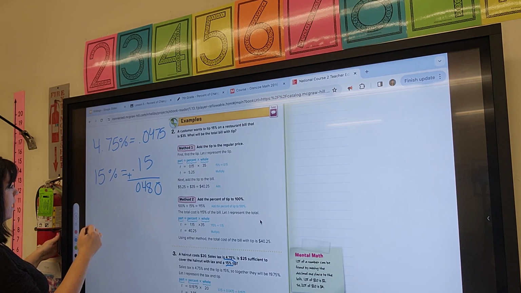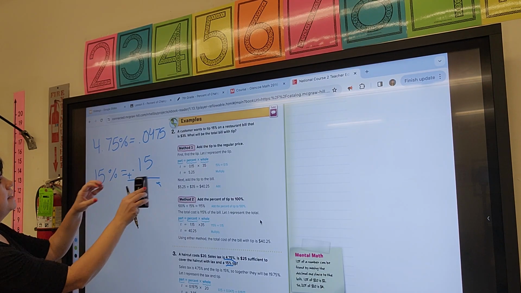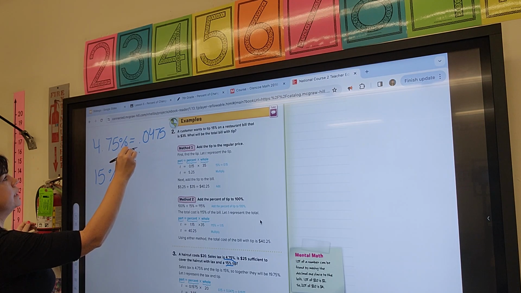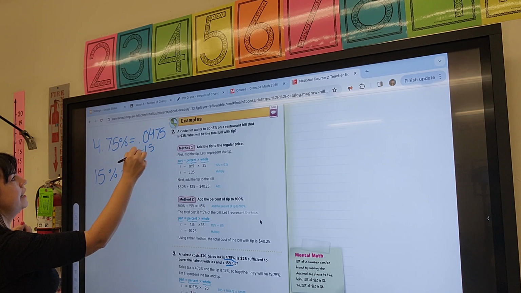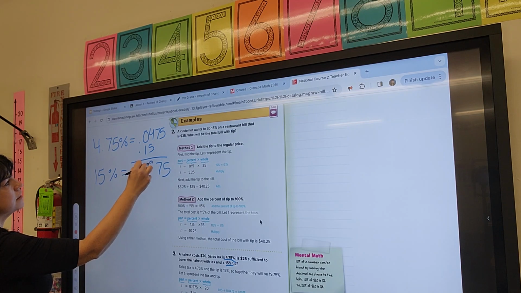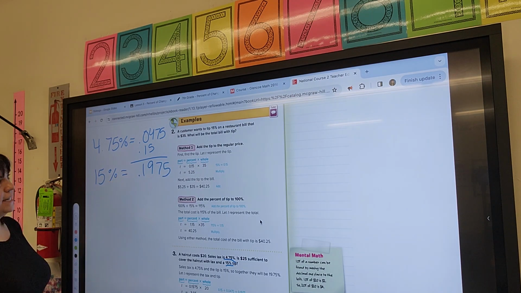No, I did that wrong. They're not lined up. 0.0475 plus 0.15. Okay, so I get 0.1975, and that's what we're going to multiply by our total.